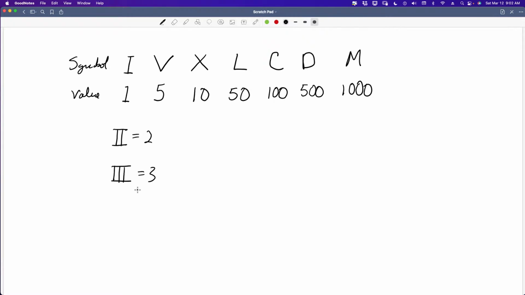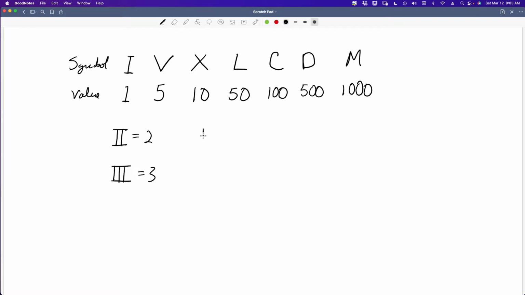But for 4, they did not use 4 I's. Instead, they used a method of addition and subtraction for these letters. If the letter was to the right, it meant addition. If it was to the left, it meant subtraction. So if you had a smaller number to the left of a bigger number, it meant to subtract it.